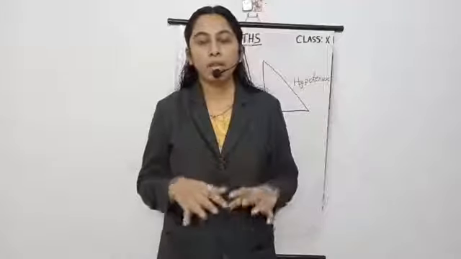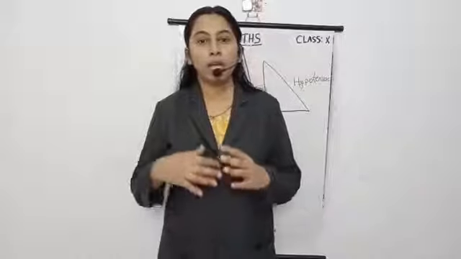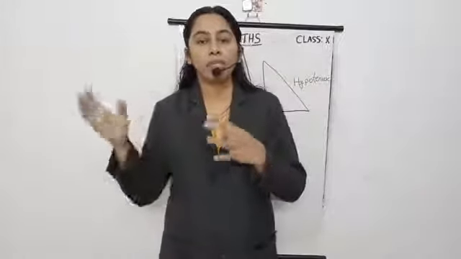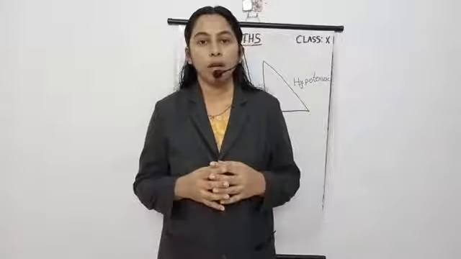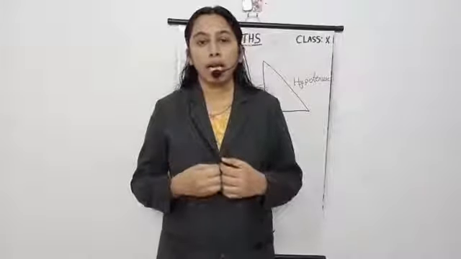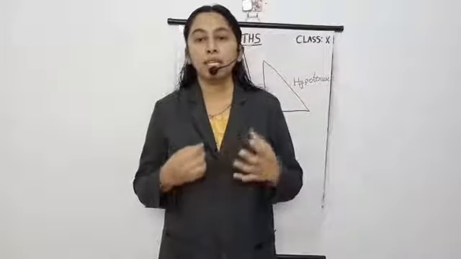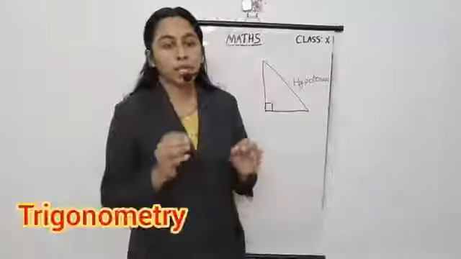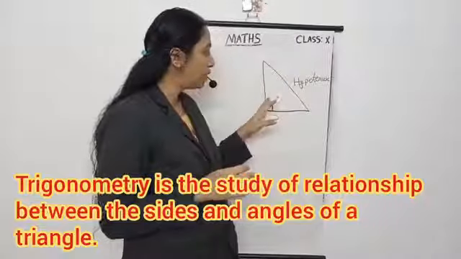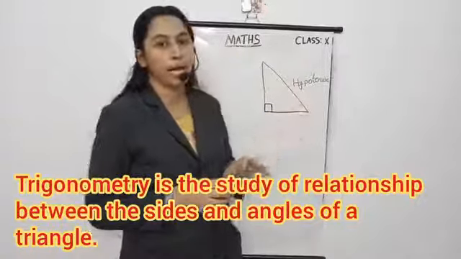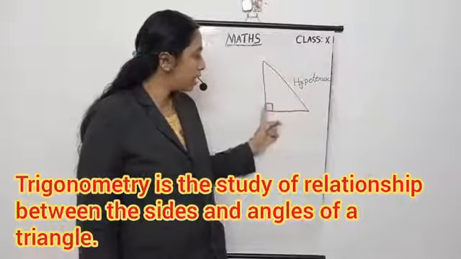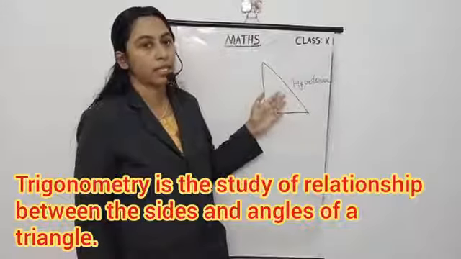Suppose we are standing on the ground looking at the top of a building and we want to find the height of that building. How will we find it? Here we use an idea from maths, that is trigonometry. Trigonometry is the study of the relationship between sides and angles of triangles.